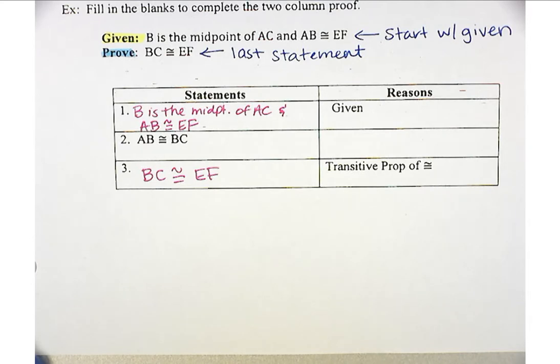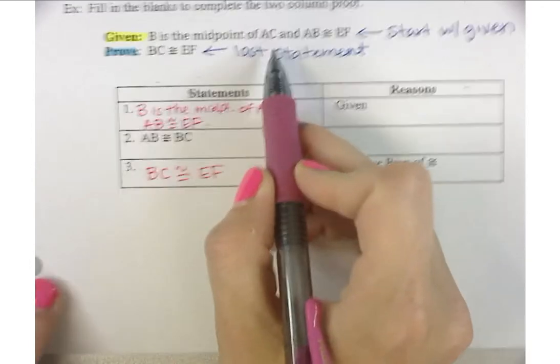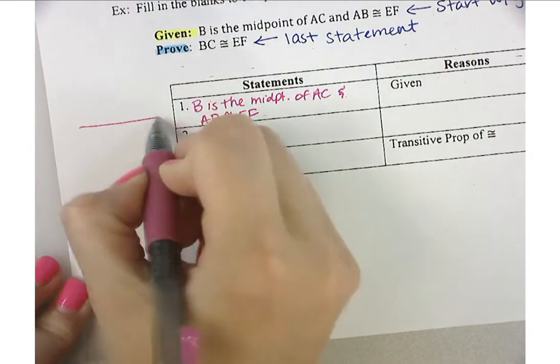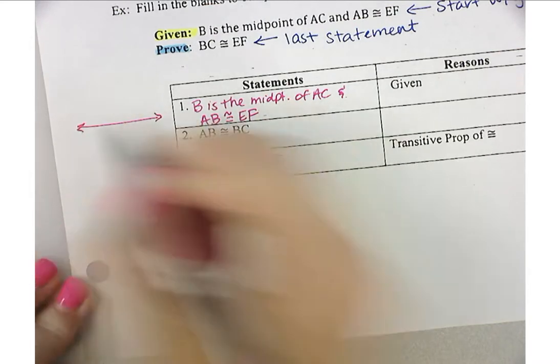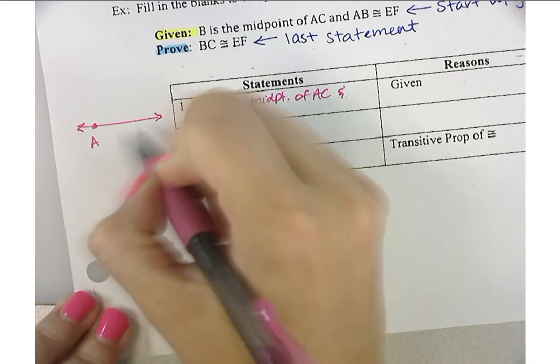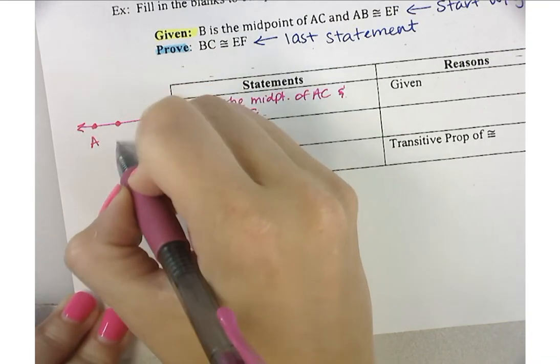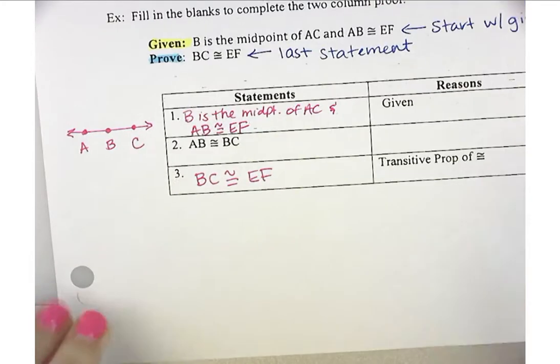So let's think about that first statement. The first statement says B is the midpoint of AC. So I'm just going to draw a picture. If B is the midpoint of AC, then Aiden, what do I know?